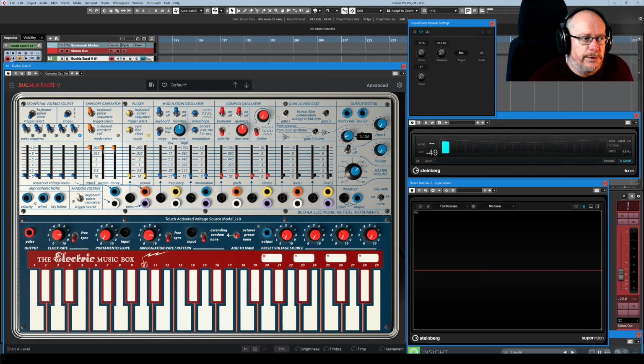Let's start off with a really simple default position of our good old complex oscillator, generating a nice simple basic tone. Now I'm going to start increasing the modulation slider of the modulation oscillator. Hear what happens.